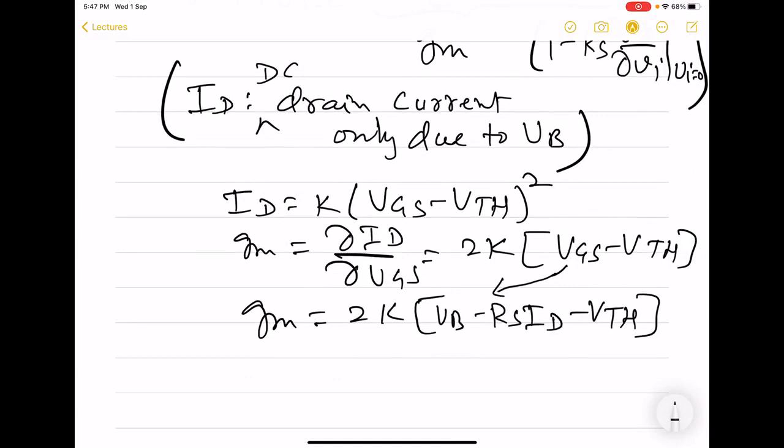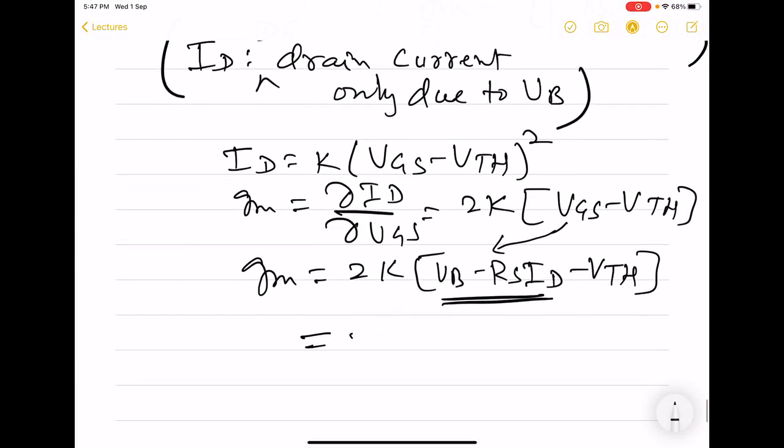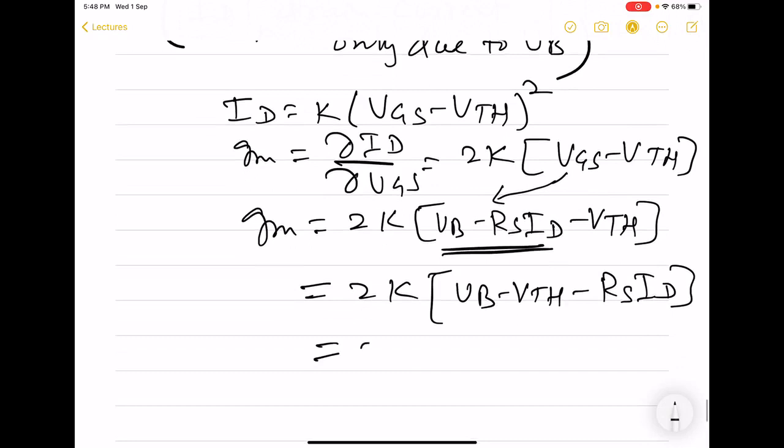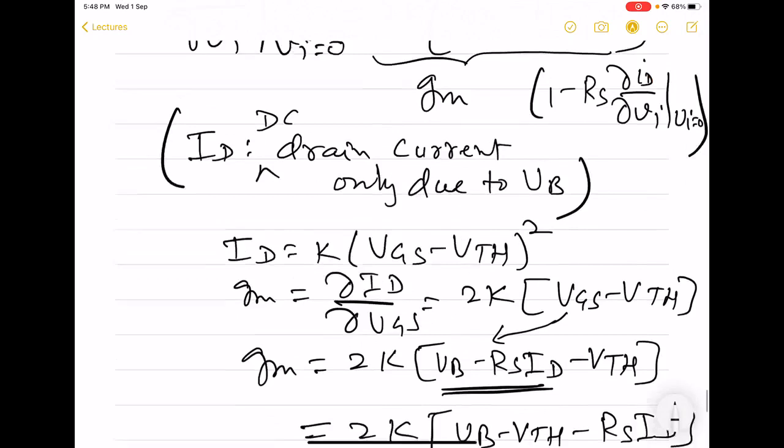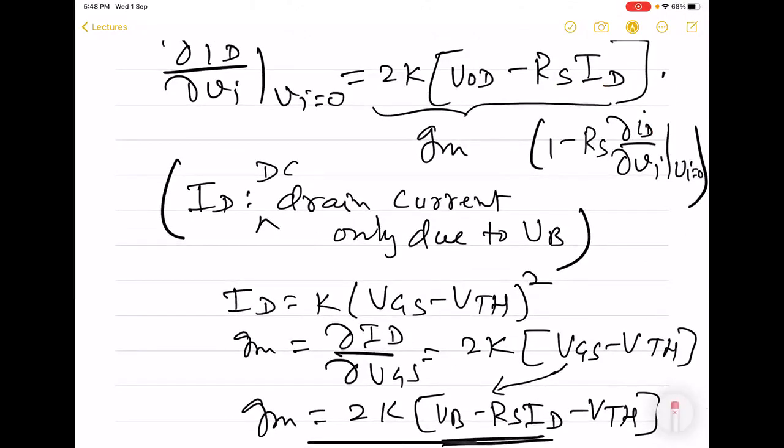So this is the expression for the gate to source voltage. Now here, this VB minus VTH becomes VOD. So 2K (VOD minus Rs ID). So that is why this expression is GM.